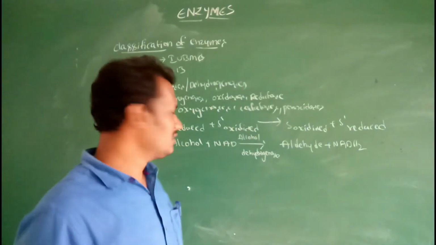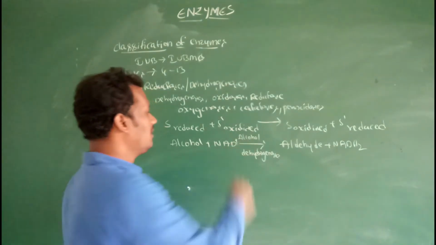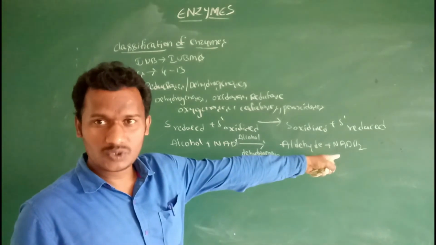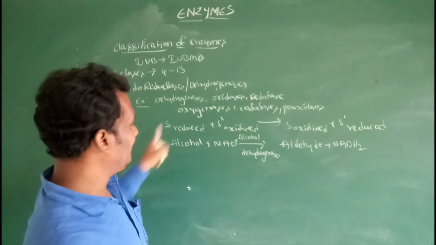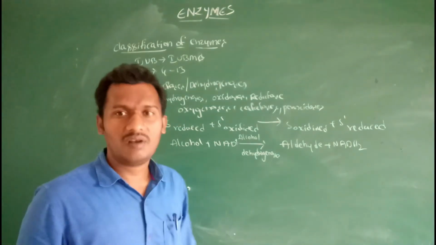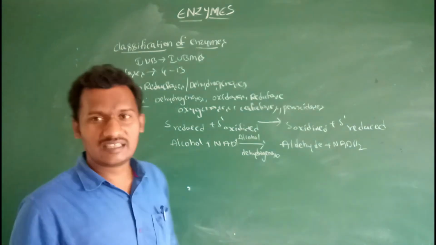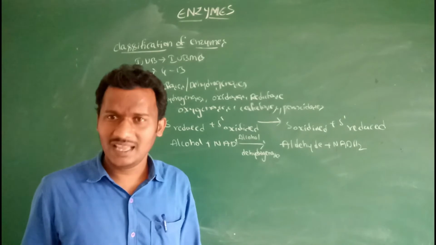So here electrons are transferred from alcohol to NAD plus. NAD plus is reduced to NADH2, and alcohol is oxidized to aldehyde. This entire reaction is catalyzed by alcohol dehydrogenase enzyme. So the first class of enzymes are oxidoreductases, dehydrogenases.